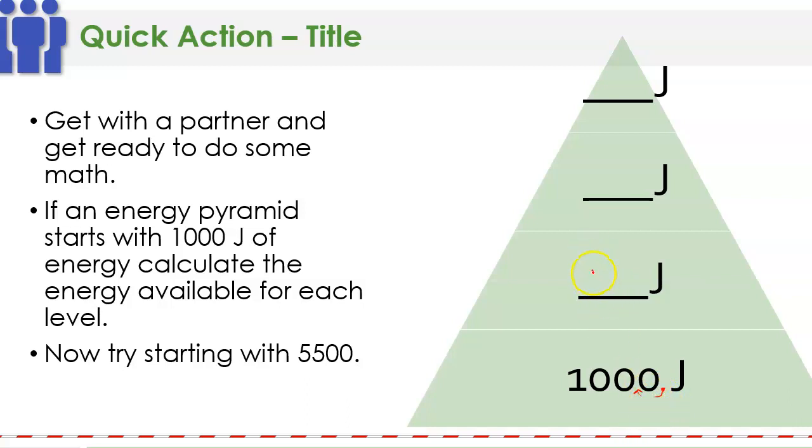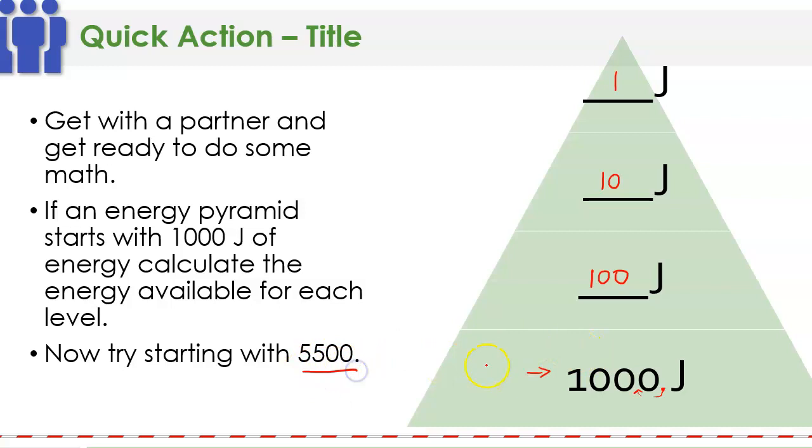So that means we now have 100 joules of energy at the next trophic level. At the trophic level above that, they only get 10 joules of energy. And at the trophic level above that, they would only get 1 joule of energy if we started with 1,000 at the first trophic level.